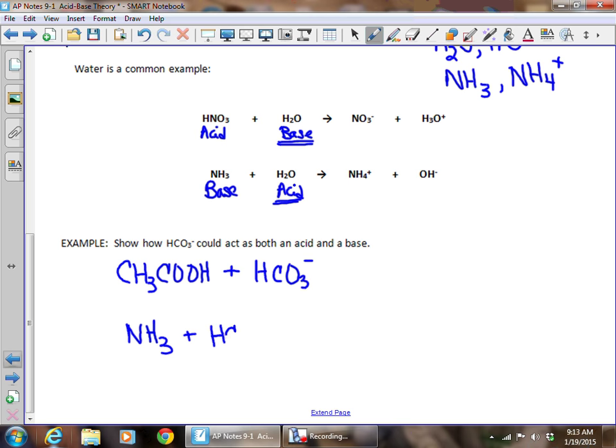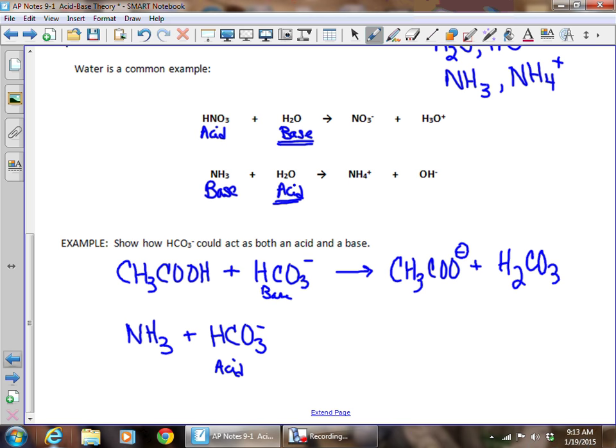So it's going to be reacting in the first case as a base, in the second case as an acid. So when it reacts as a base, it's going to be a dirty, nasty hydrogen stealer. So it's going to leave behind acetate because it stole a hydrogen and form H2CO3.